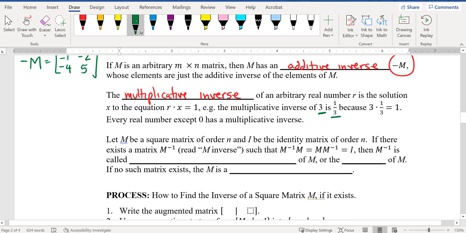Let M be a square matrix of order n, and I be the identity matrix of order n.